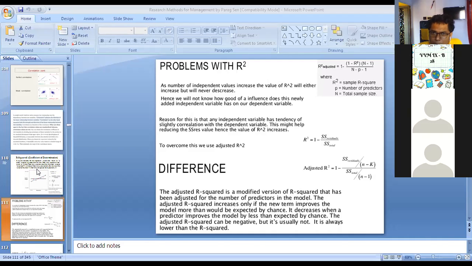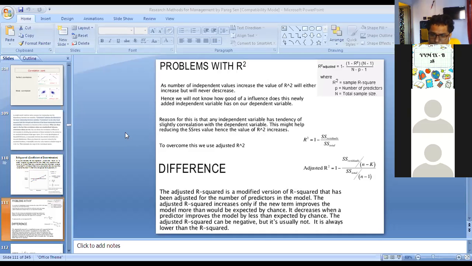Using that, you can identify not only the direction of the relationship between the variables, but also the strength of the relationship. Using R square, you can identify the strength of the relationship in terms of percentage.